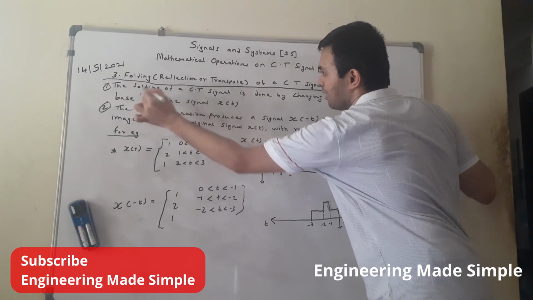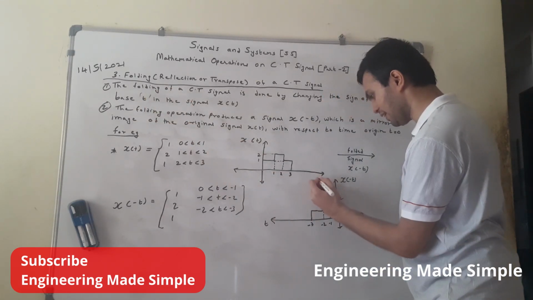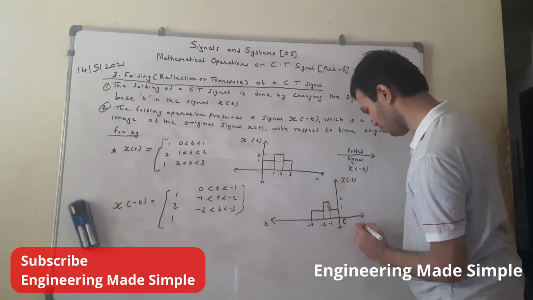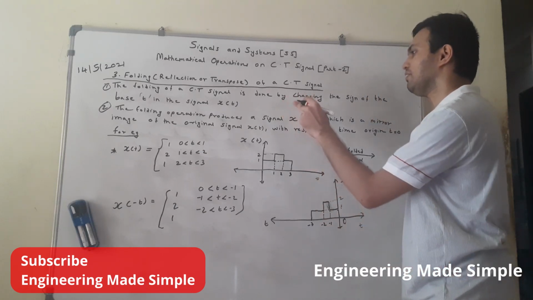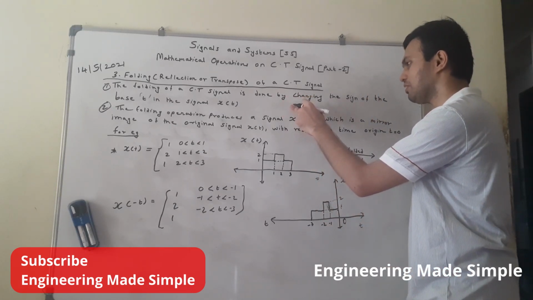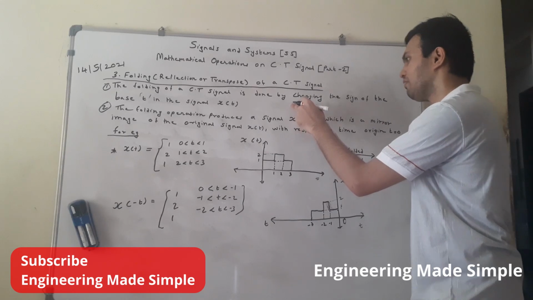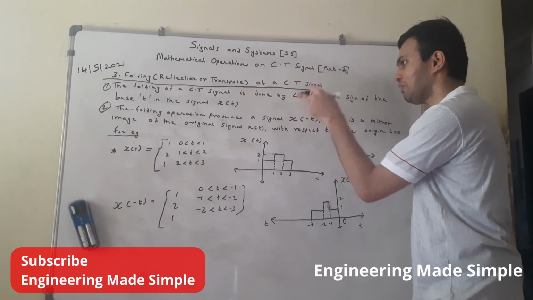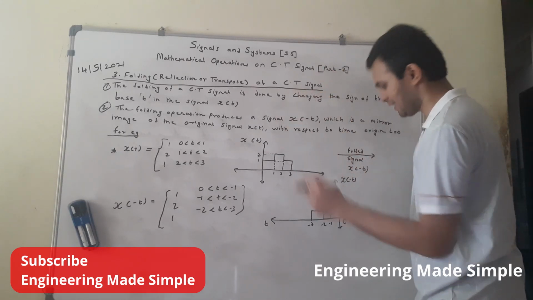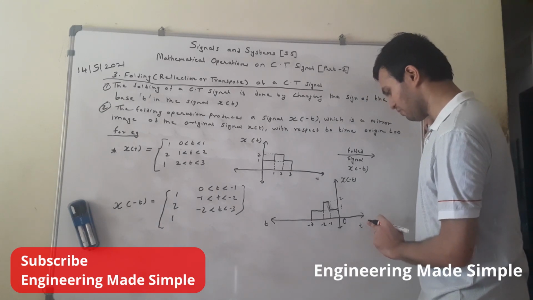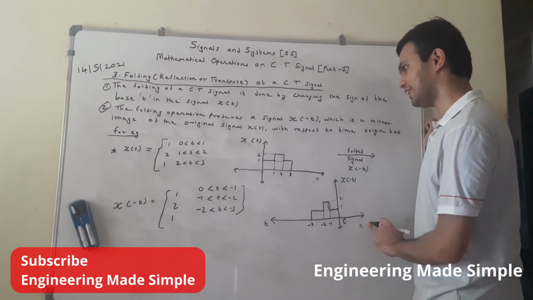By now you know t is the time axis, or the independent variable, of the continuous time signal x of t. We are folding the signal by changing the sign of the reference axis, or x axis, or t axis.